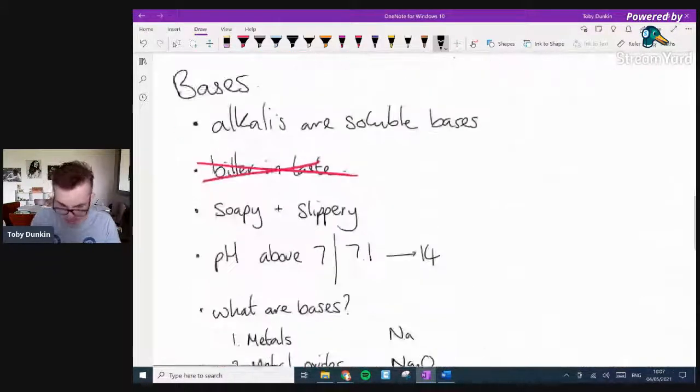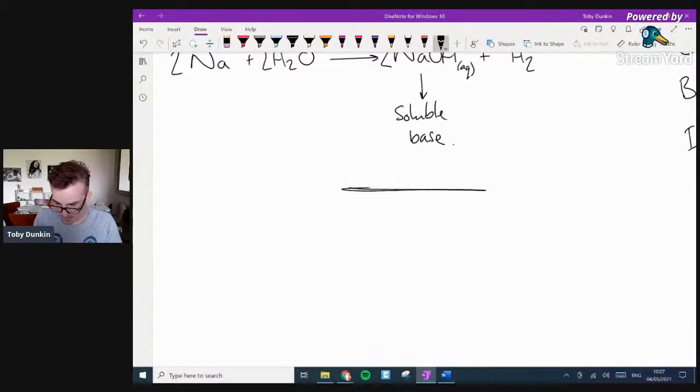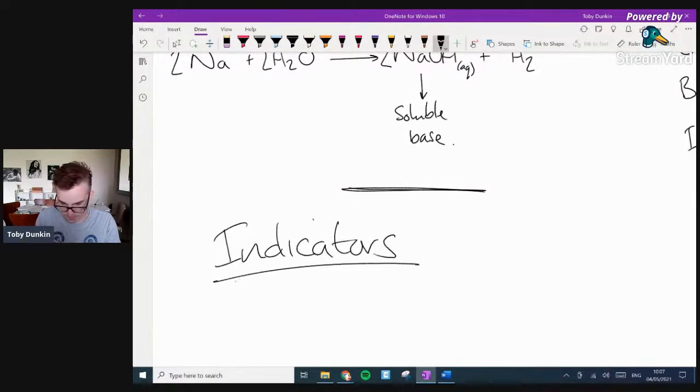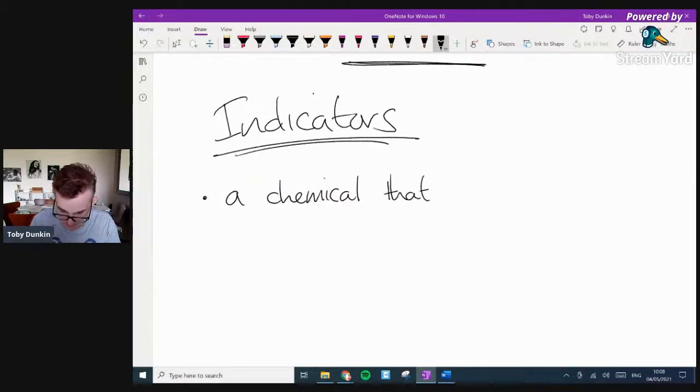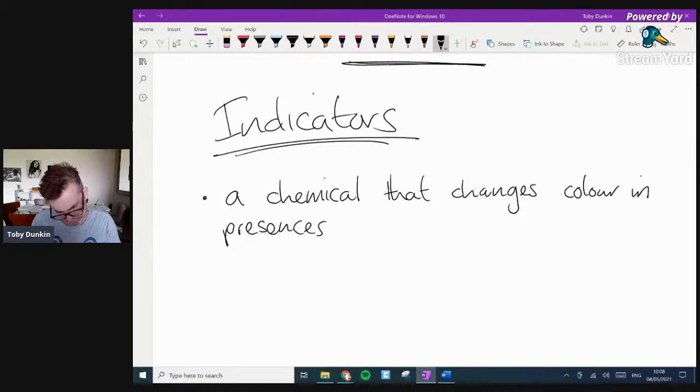So our next heading today, guys, is indicators. Indicators: a chemical that changes color in the presence of acid or base.